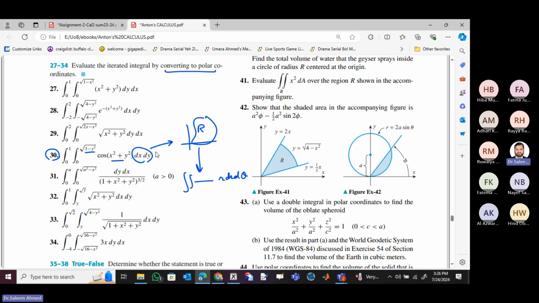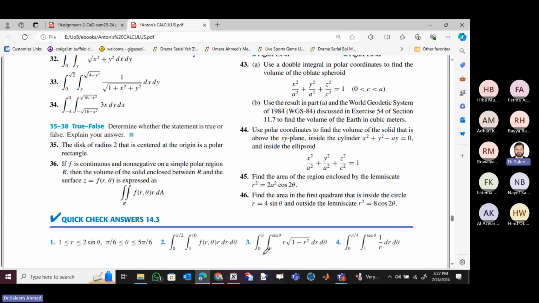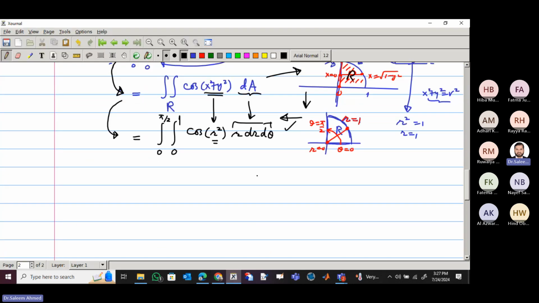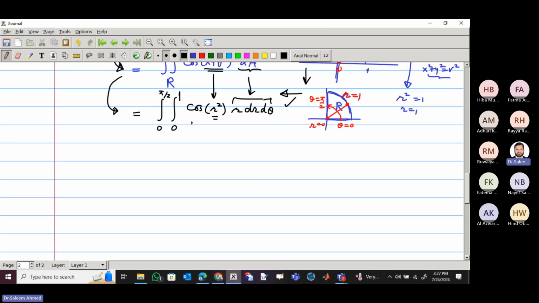We got the region from xy coordinates, and now I get the polar description in r and theta. So this is the step: from the integration, make the region, and from the region, make the integration. Now solving the integration is not a problem, right? We can of course solve it with respect to r, then solve it with respect to theta and get the answer. Okay.